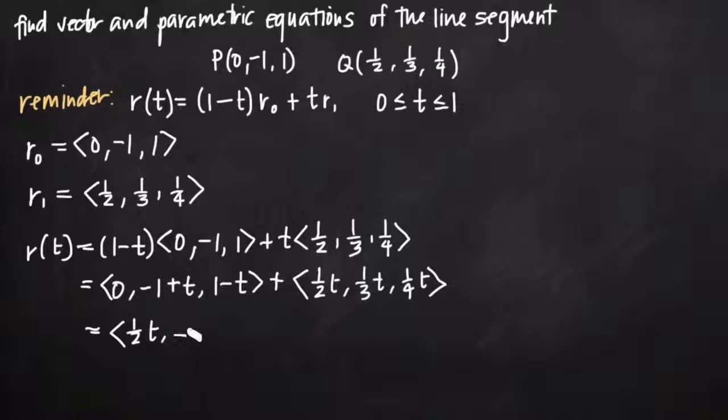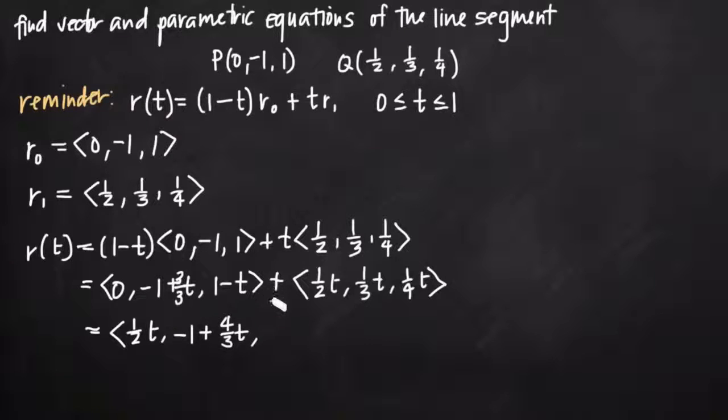Well, we've got our -1 out in front, then we just get t plus 1/3 t. Think about this t here as 3/3 t. So when we add it to 1/3 t, in our numerator, we're going to get 3 plus 1, or 4, and we have our common denominator of 3. So we're going to get 4/3 t. So -1 plus 4/3 t, like this.